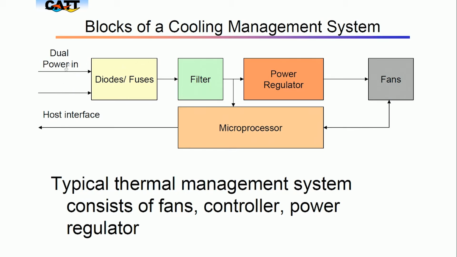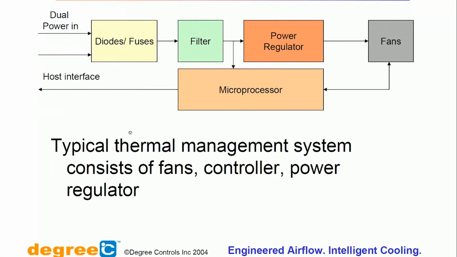So, you can in fact have two dual power supplies. So, one of them will come, then this microprocessor is attached to the host interface, where it will take its input from various sensors which are mounted.